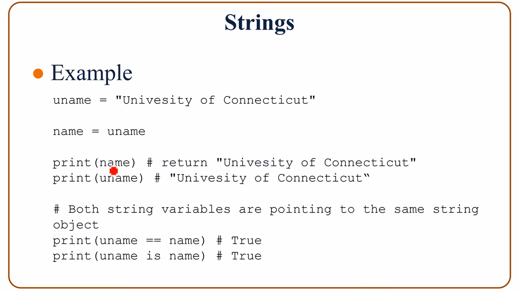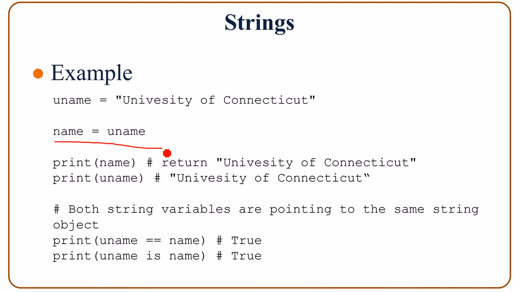Let's look at an example. Let's say we create a string with the value University of Connecticut and we assign the variable uname to it. And then later we assign another variable name to uname. So what does it do here?